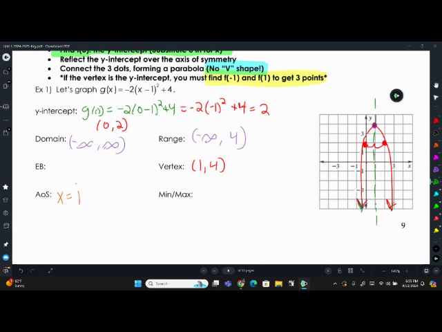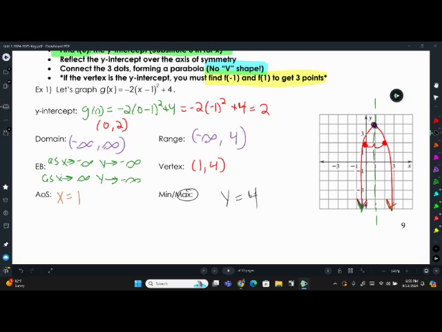Both arrows are going down, so as x approaches -infinity, y approaches -infinity, and as x approaches +infinity, y also approaches negative infinity. And now min or maximum. This has a maximum because it has a top, and it's y equals 4.